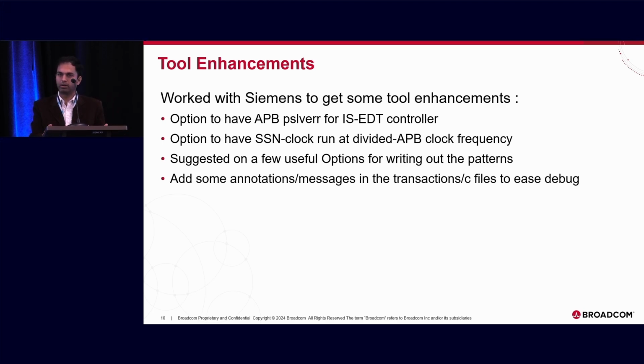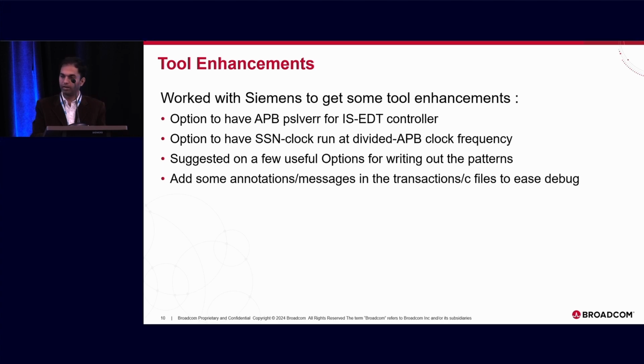So the APB clock, right, which is an input to the IST controller, and the SSN clock, which is an output. We asked for a divider or some option to have a divided clock there. That feature was implemented, and it is now part of 24.4 and later versions.